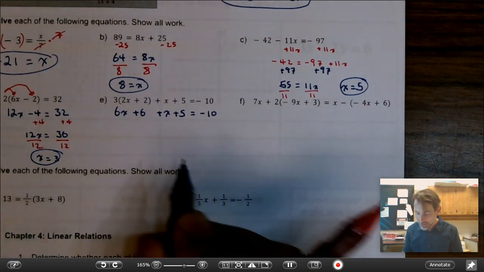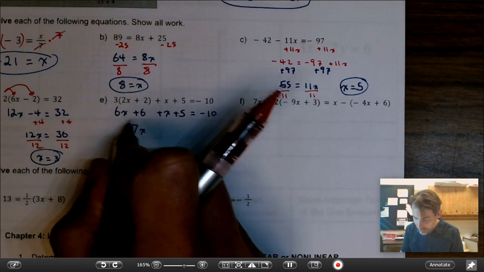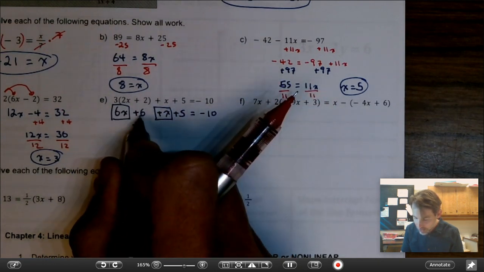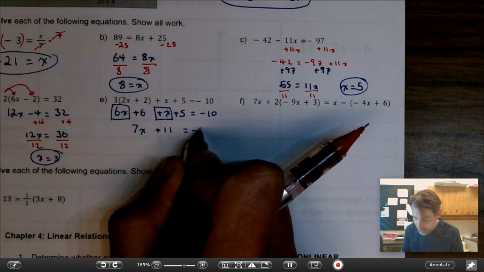Let's keep going. 6x plus x, that's 7x. Okay, we're just going to put this one and this one together. And then 6 plus 5 plus 11 equals -10.